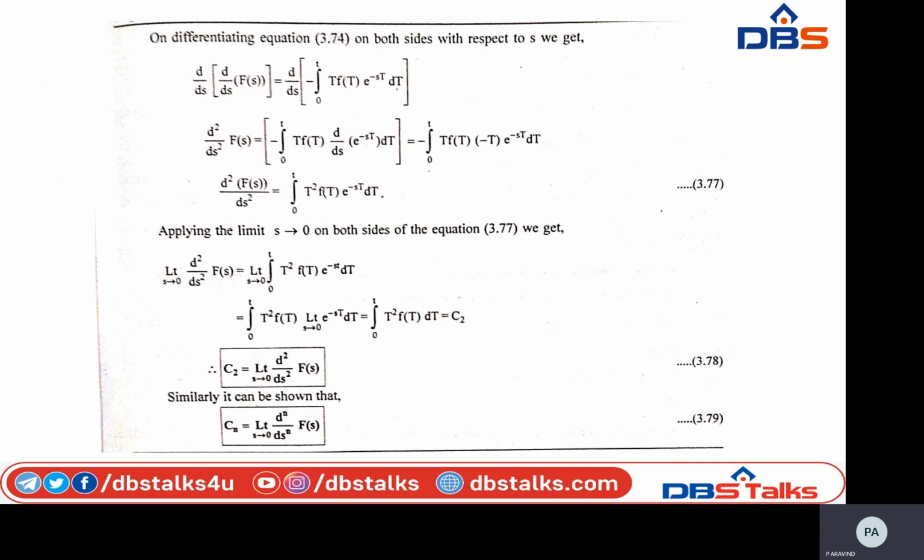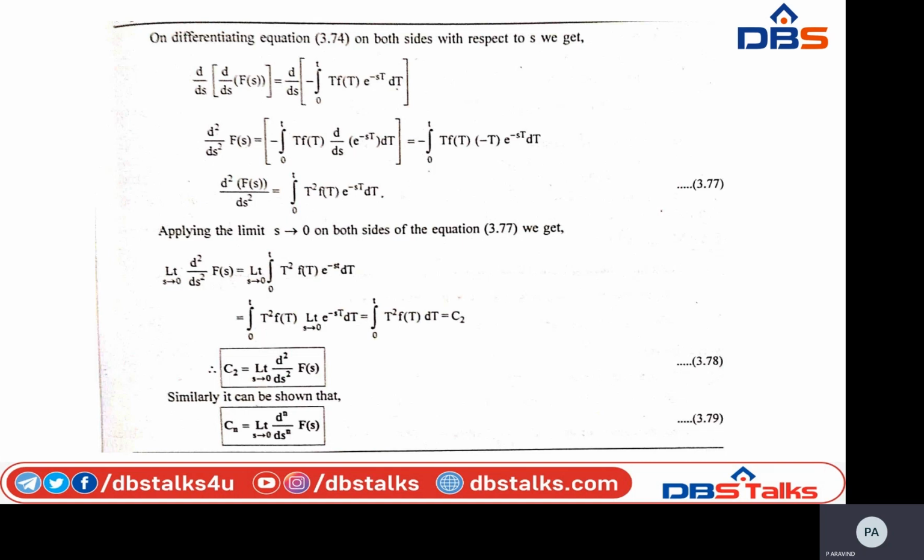So differentiating the c1 coefficient to get c2, applying limit s tends to 0 on both sides, finally we have the coefficient c2 equal to limit s tends to 0 of d square by ds square of F(s).